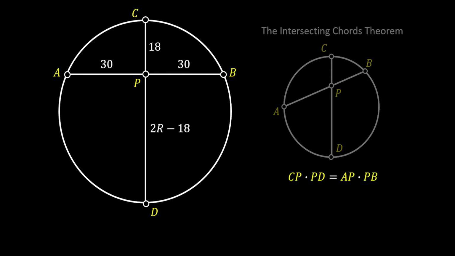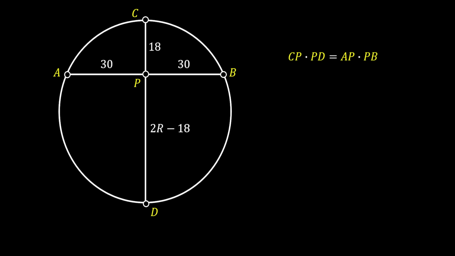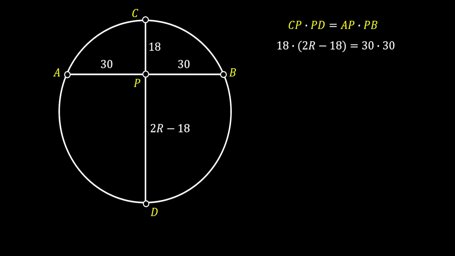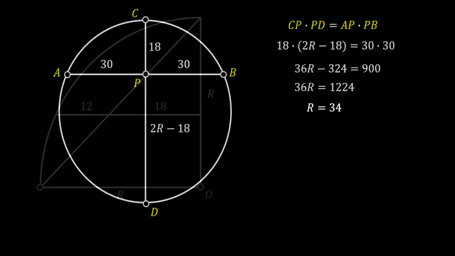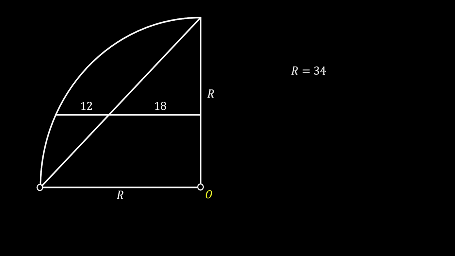So we can use this theorem in our case. We're just going to substitute the values of our segments from the sketch, and we will get the following. We're now going to expand by multiplying, and we will get that 36r equals 1224, which means that we got the radius of 34 of our circle as we did before.